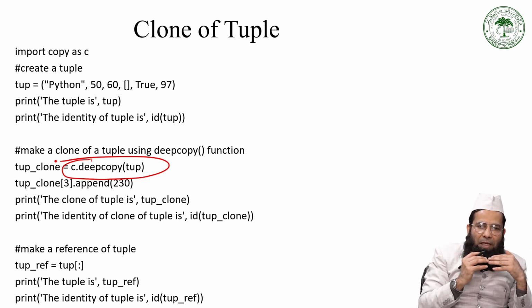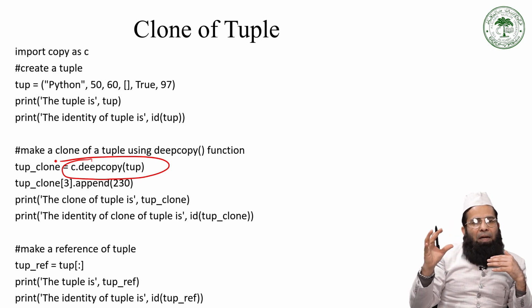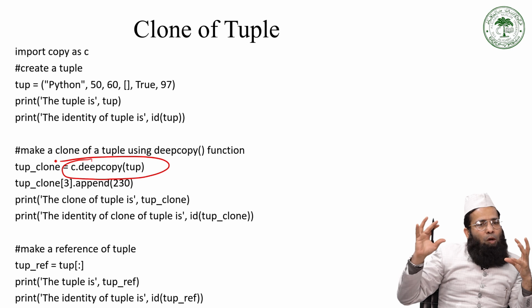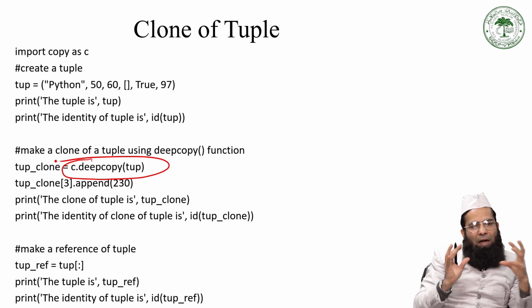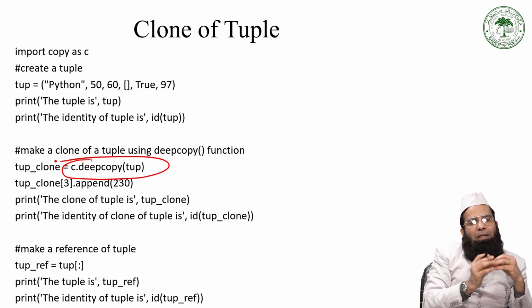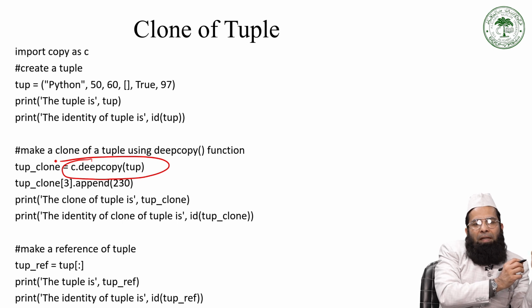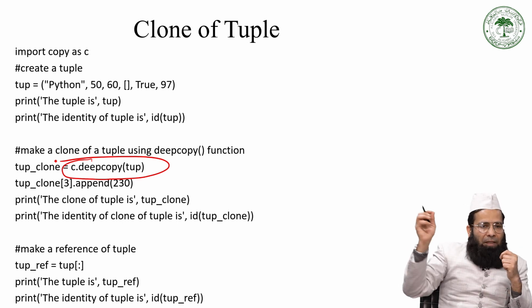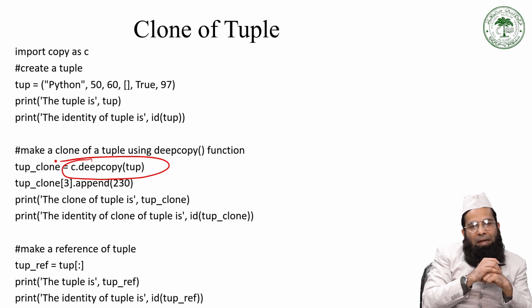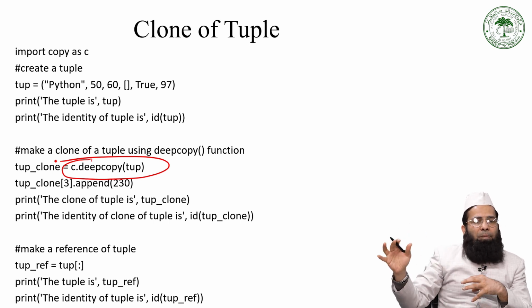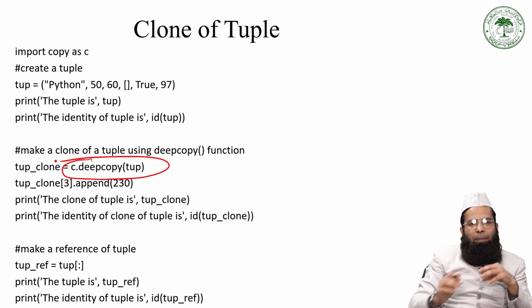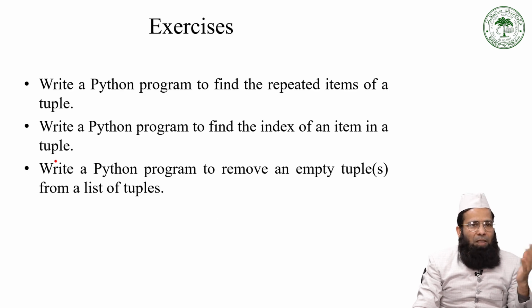If you are using deep copy, a separate copy of the tuple would be created and the original copy would be preserved. Whatever change you make in the newly created copy of the tuple would not be reflected in the original tuple. That is the concept of deep copy, similar to list.